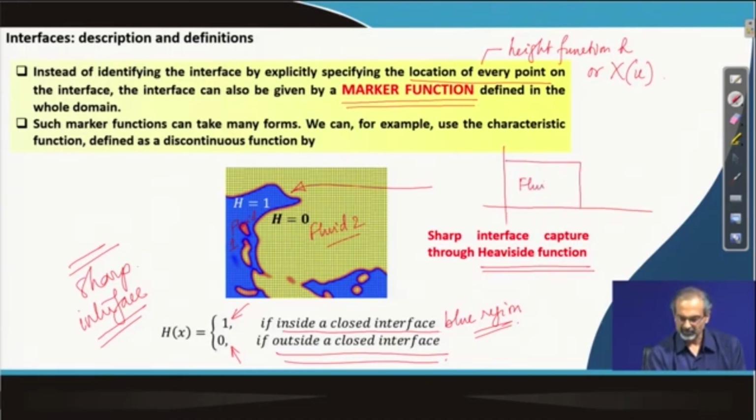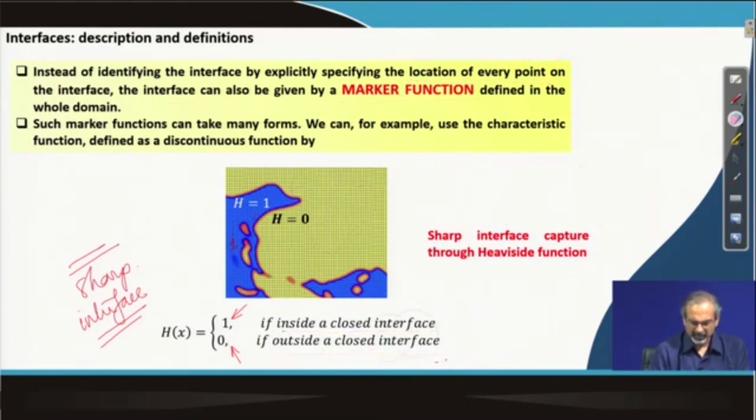If a certain cross section of the two phases looks like this, that fluid 1 lies here and fluid 2 lies beyond this, then the value of H as a function of x will be either 1 when it is fluid 1 or 0 when it is fluid 2. So, it is a step jump or a sharp interface.